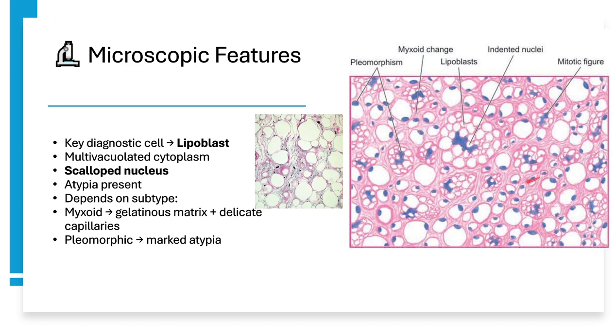It is a scalloped or indented nucleus, and you can see mitotic figures on this slide, and pleomorphism is also there. So these are the most common features of a malignant tissue. And the matrix, or the stroma, is a myxoid stroma. Those are the things in the microscopic appearance of this tumor.